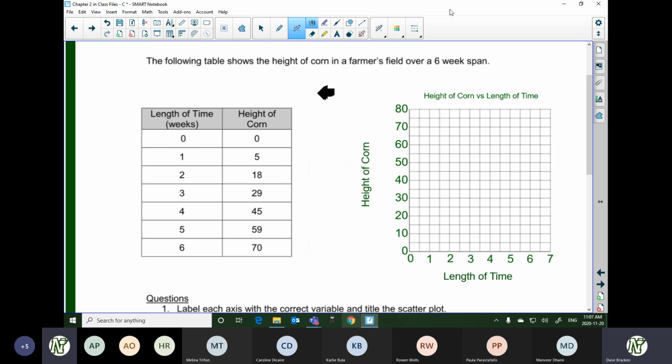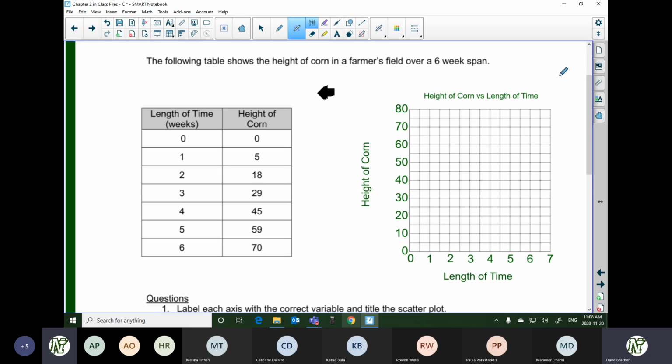So now that you have this done, plot your 7 points onto your graph. Try to be as accurate as you can, although you can't probably get it exact.